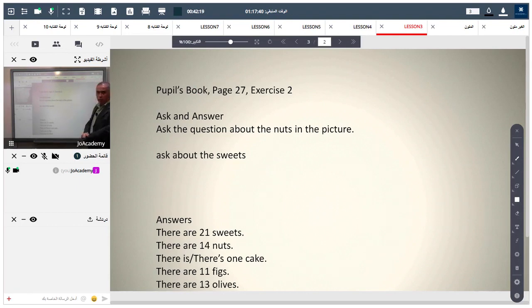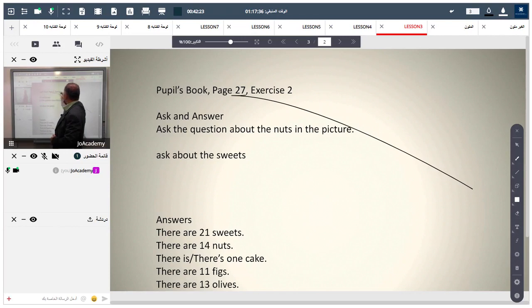Now open your pupil's book at page 27, exercise 2.